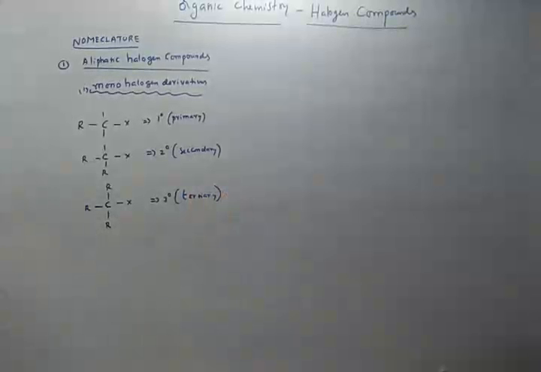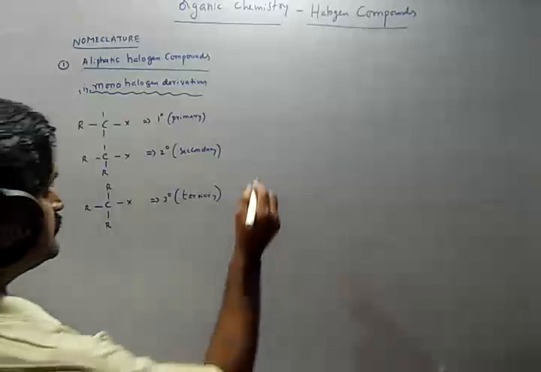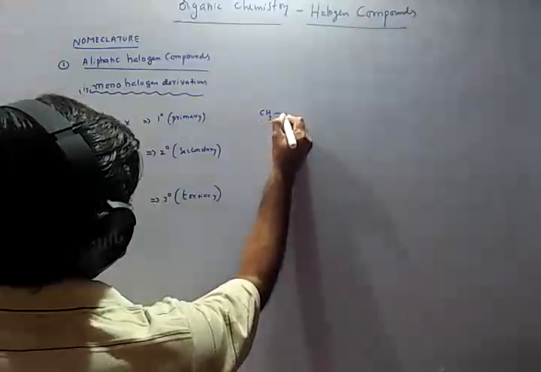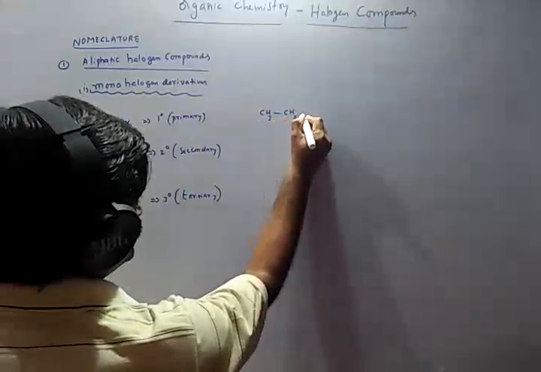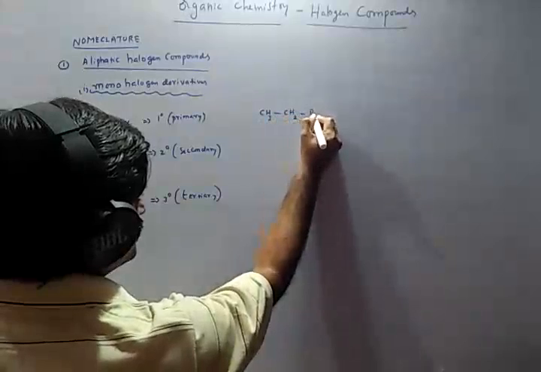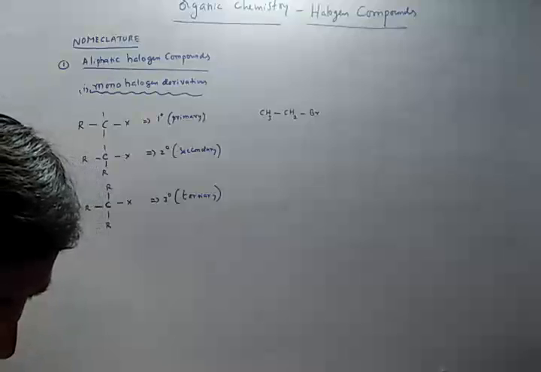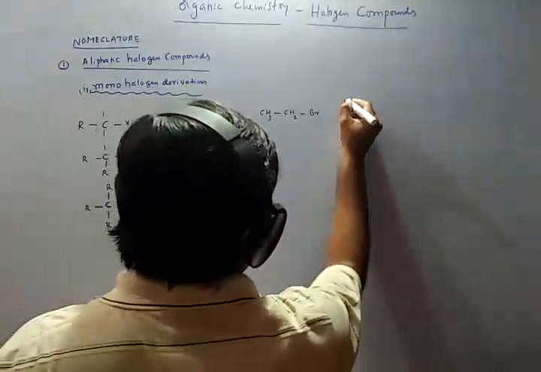So I'd like to give a few examples of these monohalogen derivatives. For example, if you write CH3CH2Br, that is ethyl bromide or bromoethane.